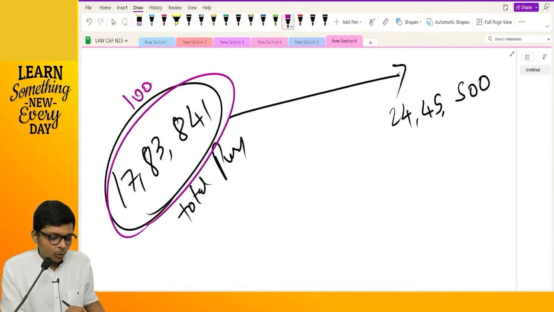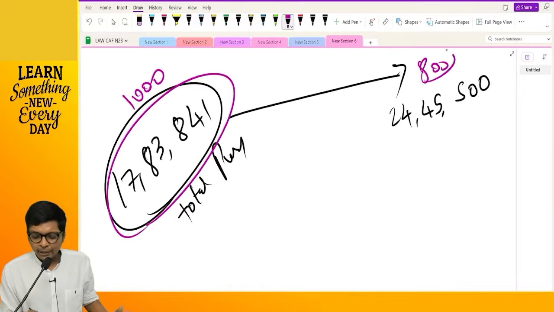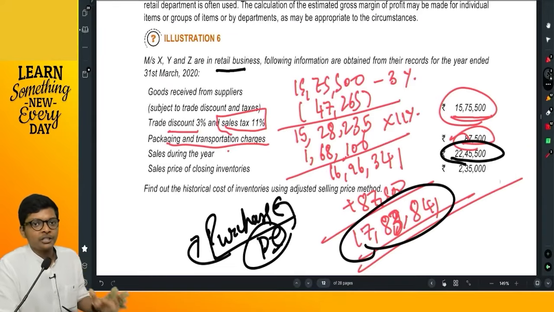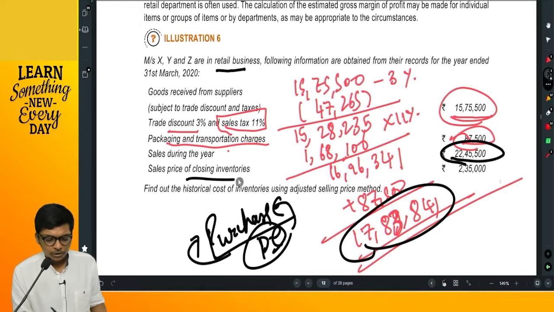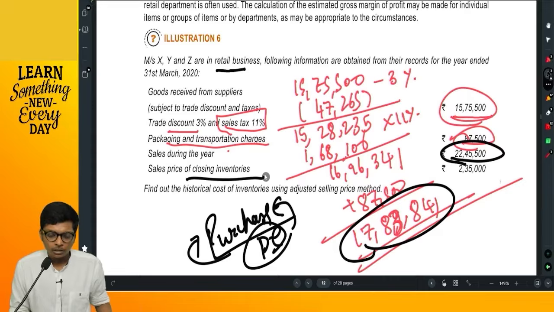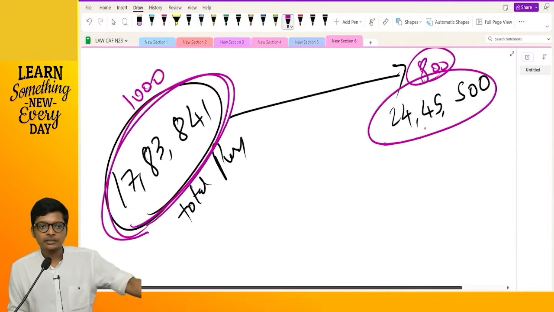Maybe it is 1000 quantity, but sales could be 800. Fully it's not sold. How do you know, sir? Closing inventory, and opening is 0 was the assumption. So I purchased 17 lakh 83,841, and this is the sales.